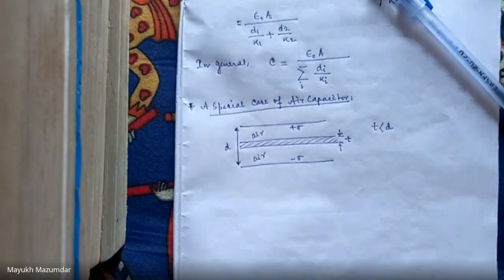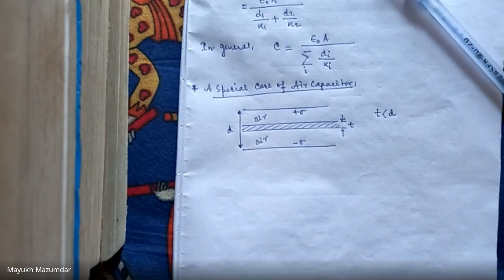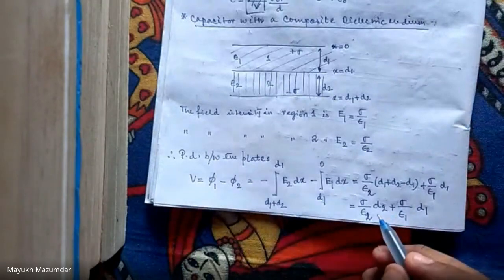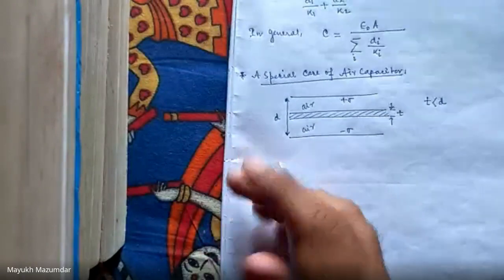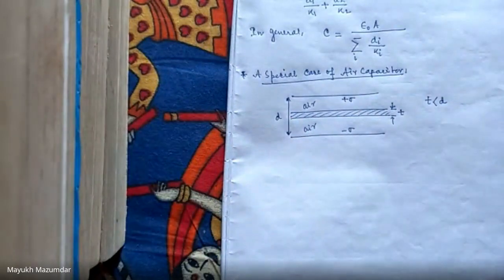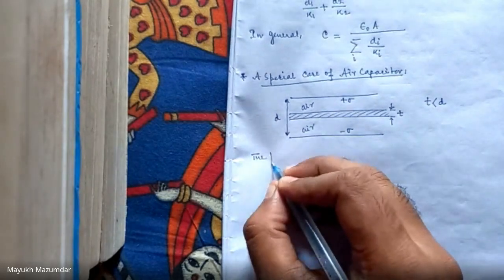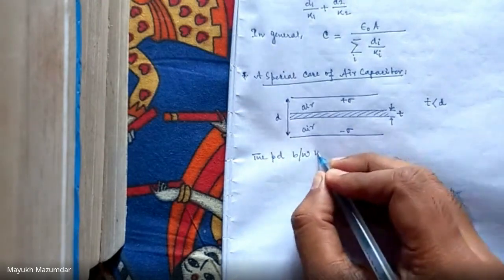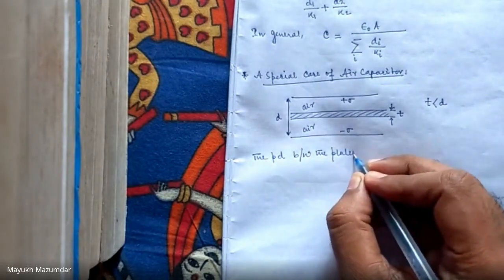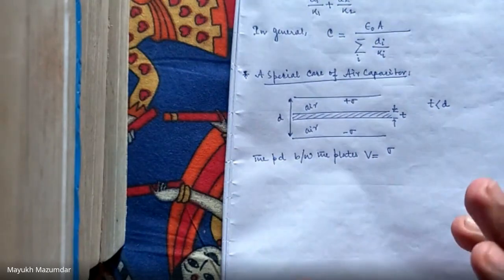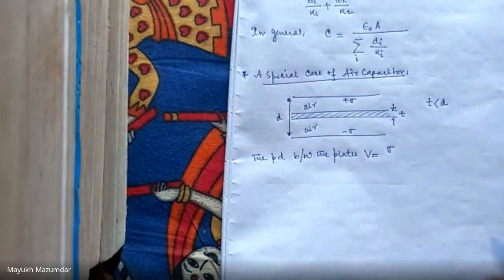So how can we find this out? We can modify the expression of the potential difference, because that was the first place where these terms came up, isn't it? So the potential difference between the plates: we have to take into account two things, air and dielectric.